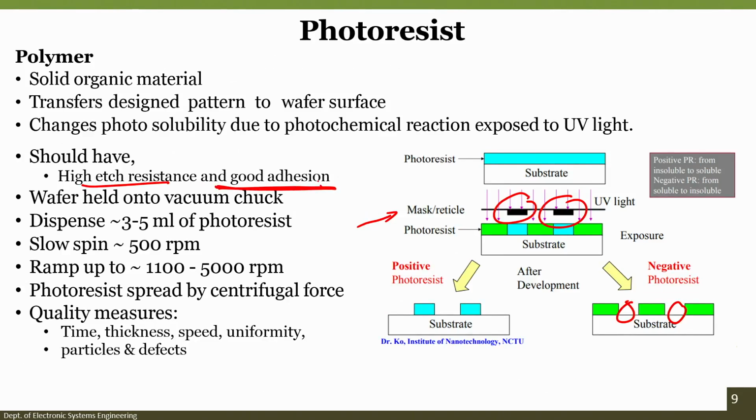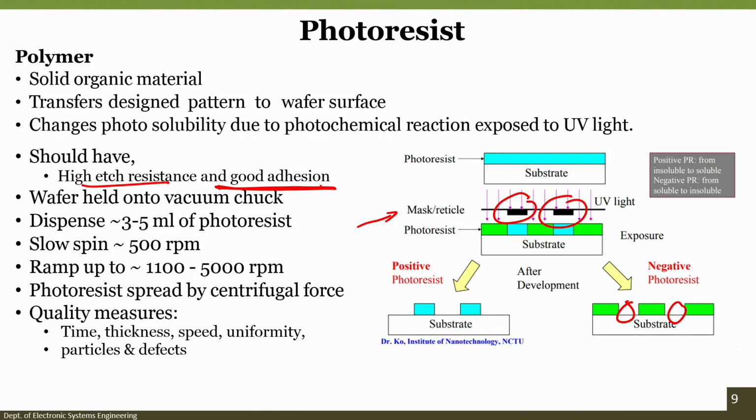The wafer is held onto the vacuum, and then there is a dispenser which will dispense about 3 to 5 milliliter of photoresist. Initially we do a slow spin, then we ramp up the system to a high rotations per minute, which is RPM, to have a uniform coating. Higher the RPM, thinner the photoresist; slower the RPM, thicker the photoresist coating on the wafer.